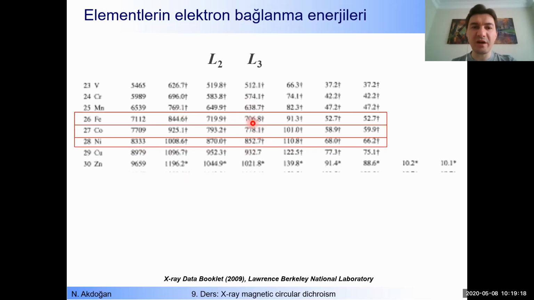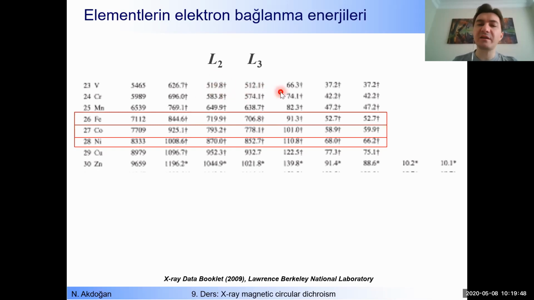For example, for iron, we have electron binding energies around 706 electron volts at L3, but at L2 around 720 electron volts. And these energies change for cobalt to 778 electron volts and 793 electron volts. For nickel we have different energies, for manganese, chromium, and vanadium we have different energies.